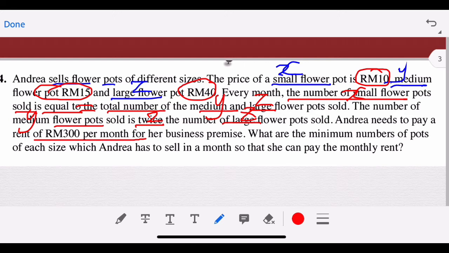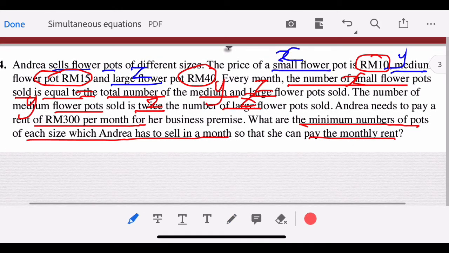So this one is about the cost, something to do with money. What is the minimum number of pots of each size which Andrea has to sell in a month so that she can pay the monthly rent?